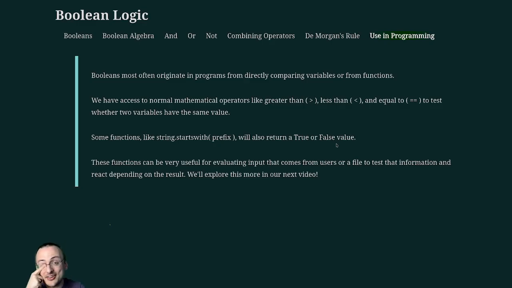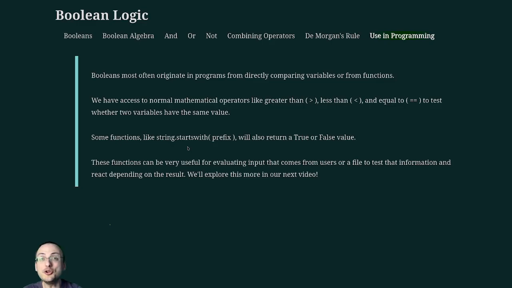And so in Python, there's literally two keywords added to the language, the word true and the word false. And you can use those keywords outside of a string. There's no quotes because they're not text. and use that to represent one of these true or false values. And a lot of functions, especially when you're working with files, there's functions to check, does this file exist on the computer?